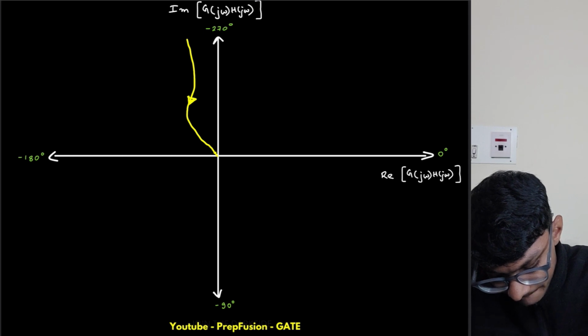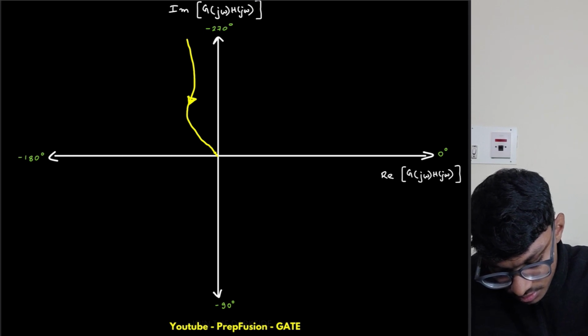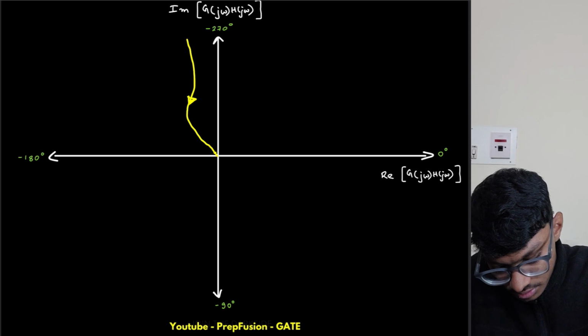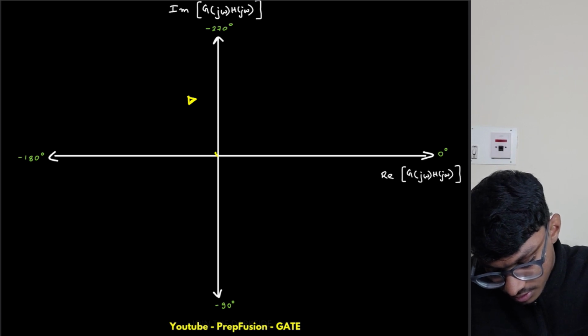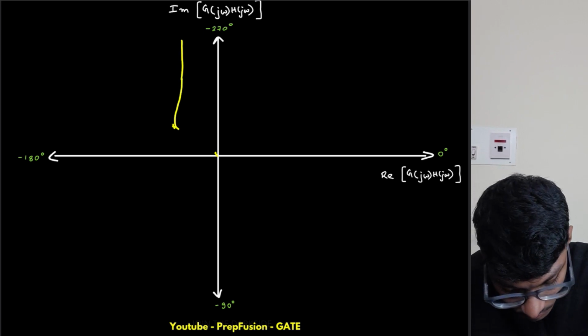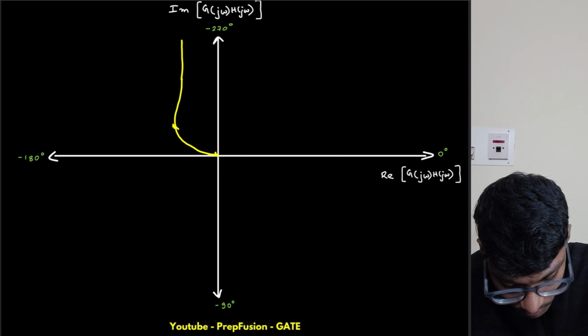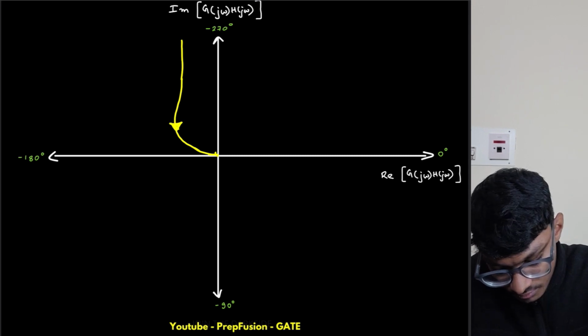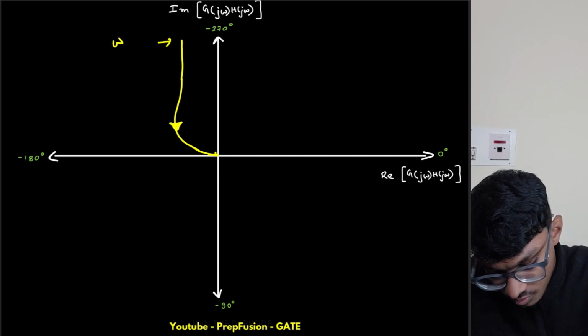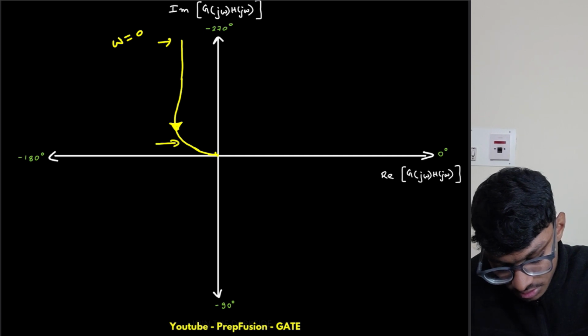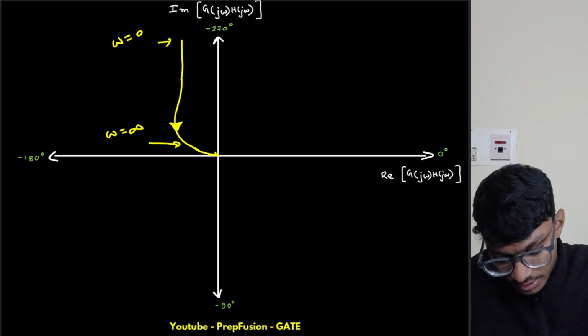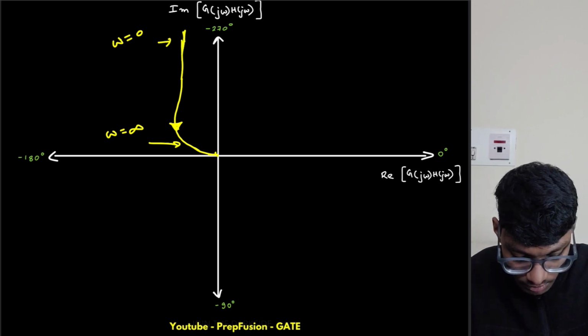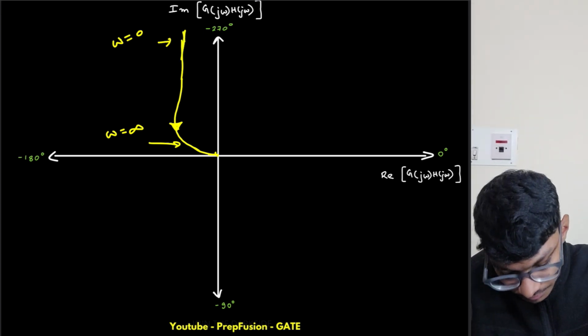And this will end here. To draw it more perfectly, it will be something like this. This is omega equals 0, and this is omega equals infinity. So it is something like this one.